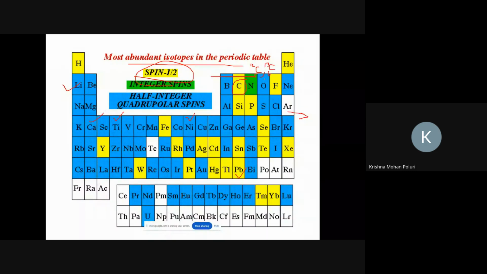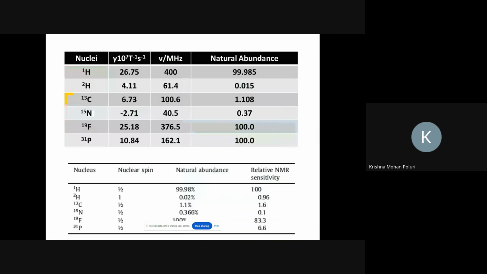So NMR very cleverly uses these isotopes in such a way that if one isotope is not useful, I can use the other isotope to identify and get the signals. So with these atoms, the majority of the elements have isotopes, and one way or the other you are going to get the information.